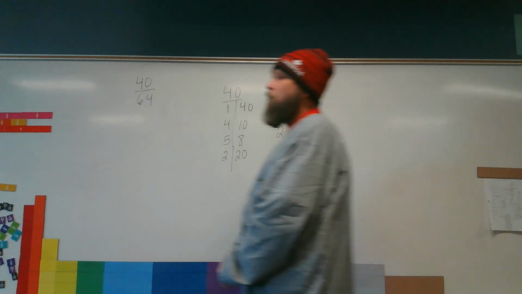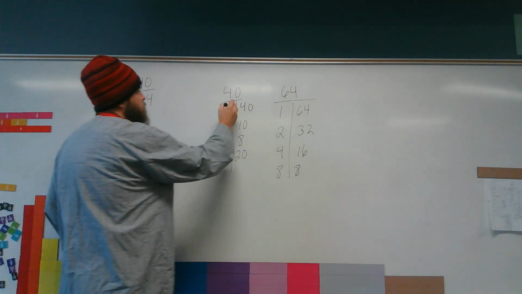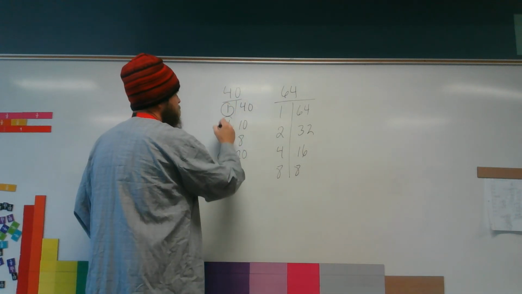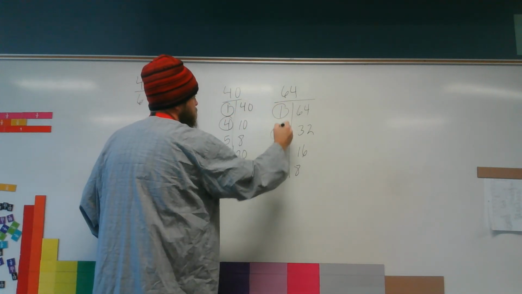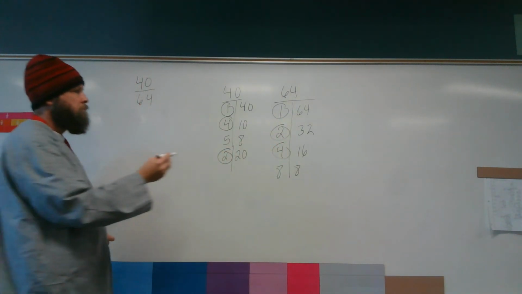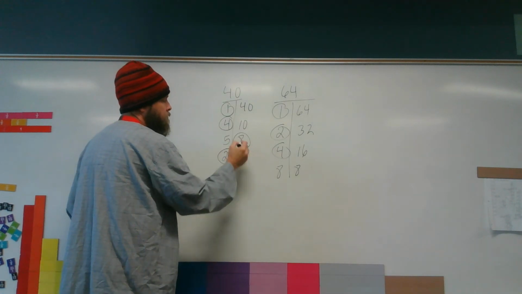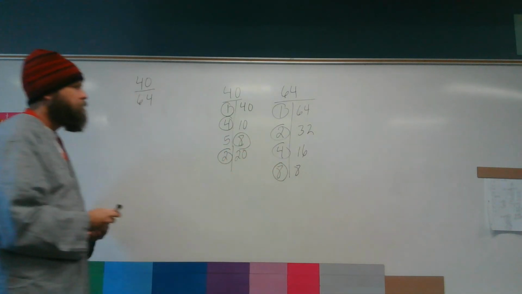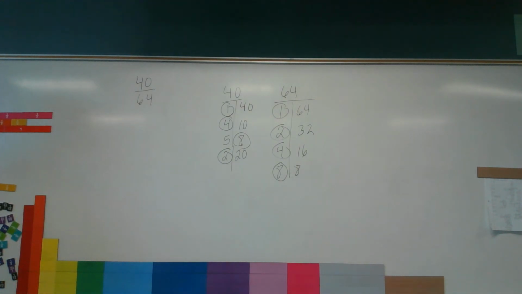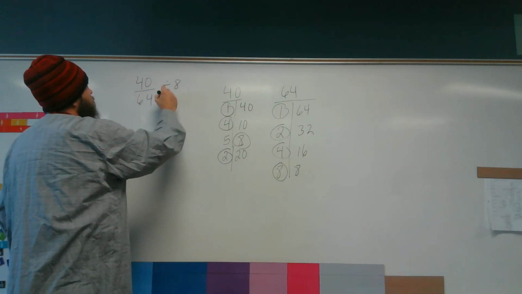Caroline, what do they have in common? 1, 2, 4, and 8. So our greatest common factor is then 8. So I divide both my numerator and denominator by 8.